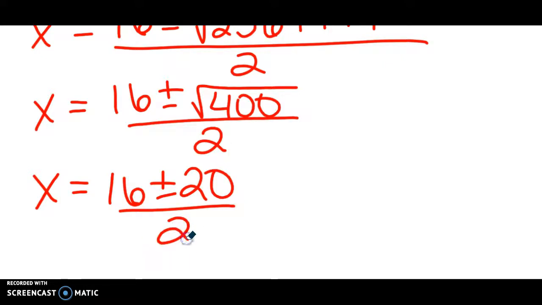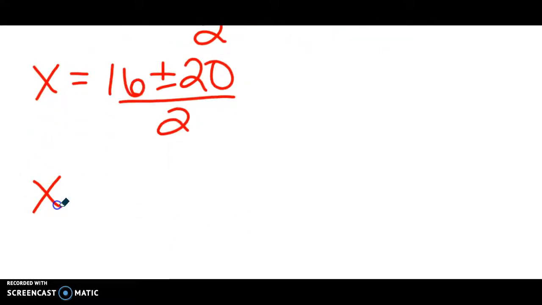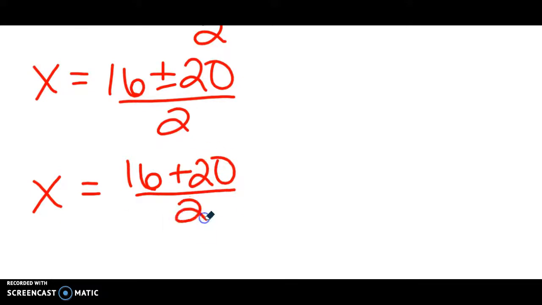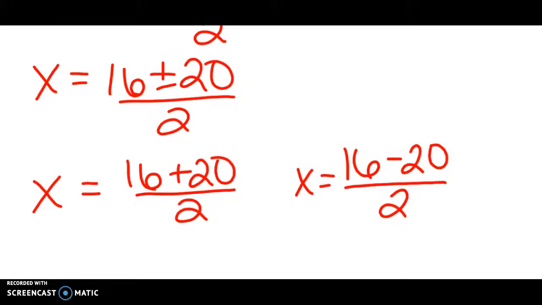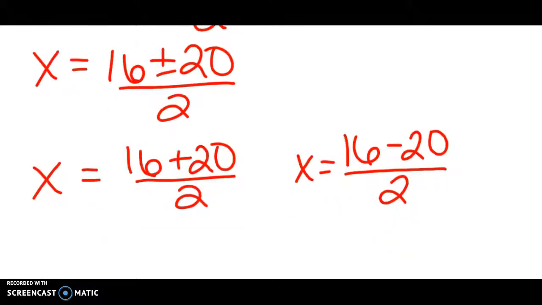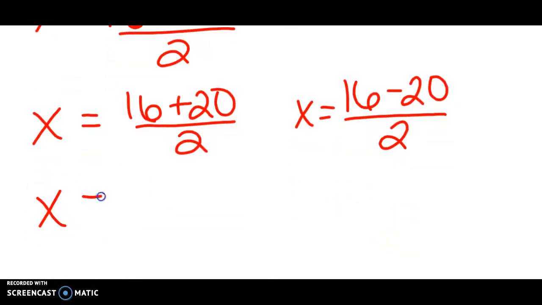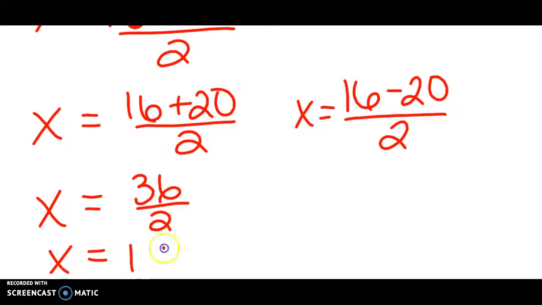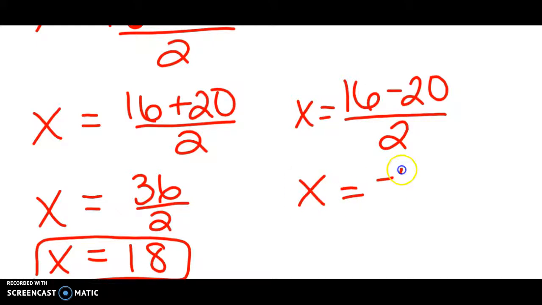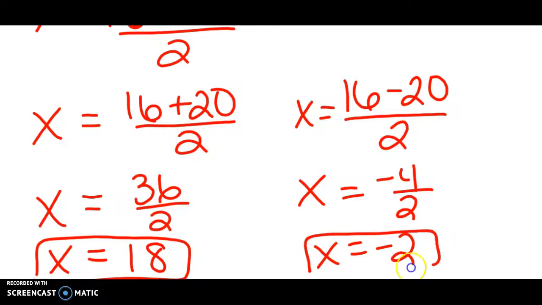So we will get two values here, 16 plus 20 over 2, and 16 minus 20 over 2, which gives us 36 over 2, or 18, and negative 4 over 2, which is equal to negative 2.